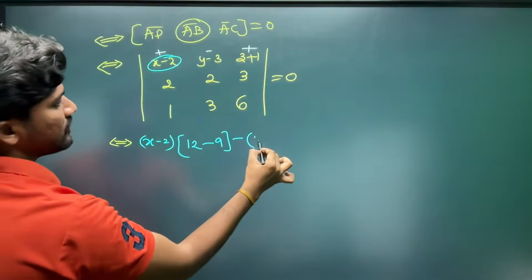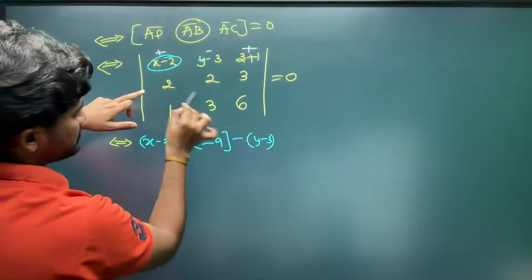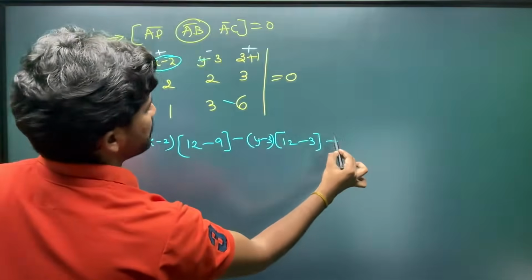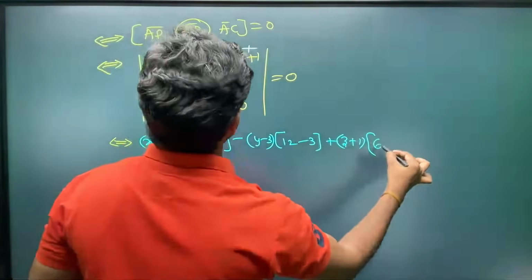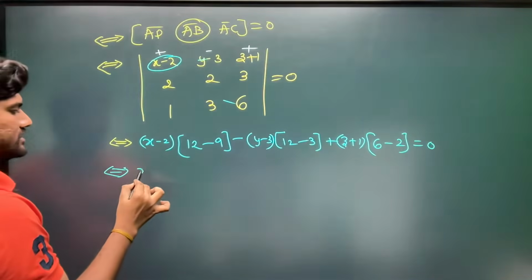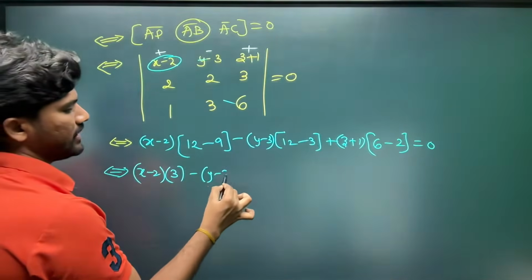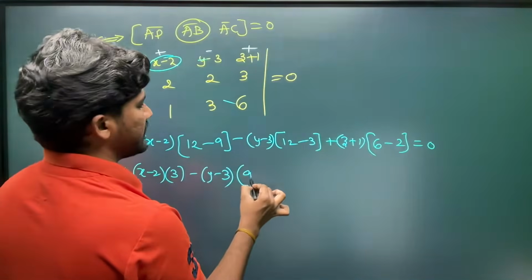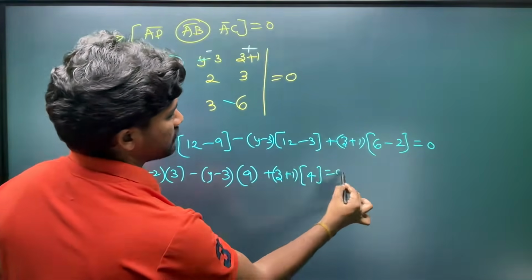Next, minus y minus 3 into, delete first row and second column, 2 into 6 is 12, minus 1 into 3 is 3, plus z plus 1 into 3 into 2 is 6, minus 2, equal to 0. So if and only if x minus 2 into 12 minus 9 is 3. Next minus y minus 3 into 12 minus 3, which is 9, plus z plus 1 into 6 minus 2, which is 4. It is equal to 0.